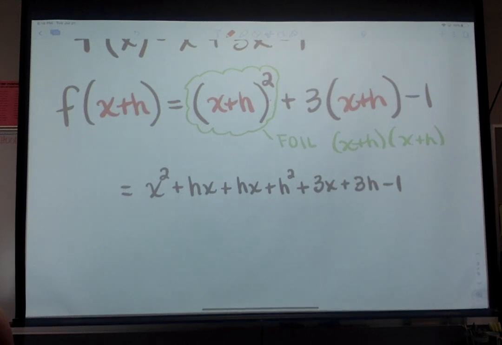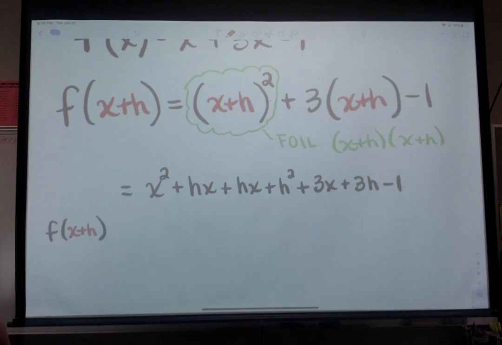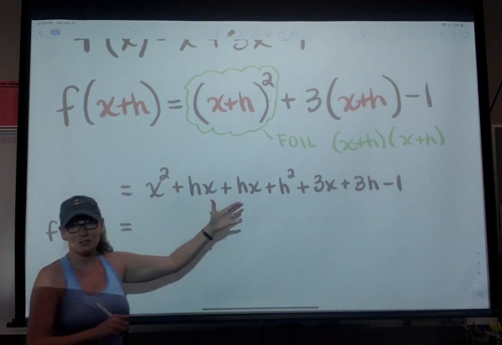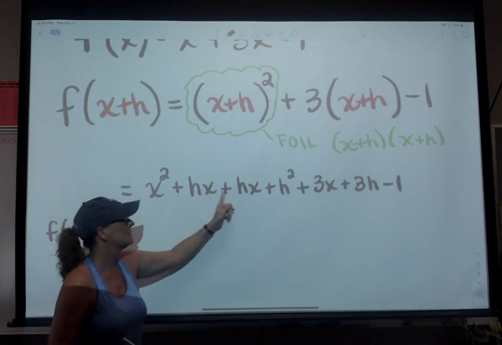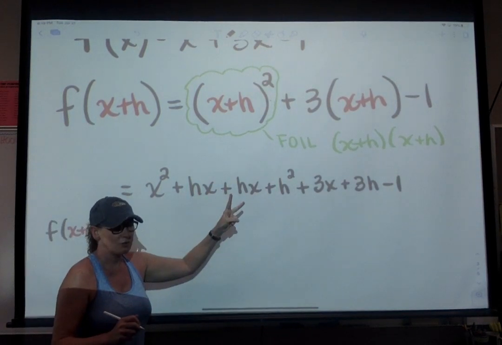So, when I plug in x plus h, this is what it looks like, and it's a super humongous mess. The only thing I can do is collect these two terms. So one of these and one of these makes 2 of these.